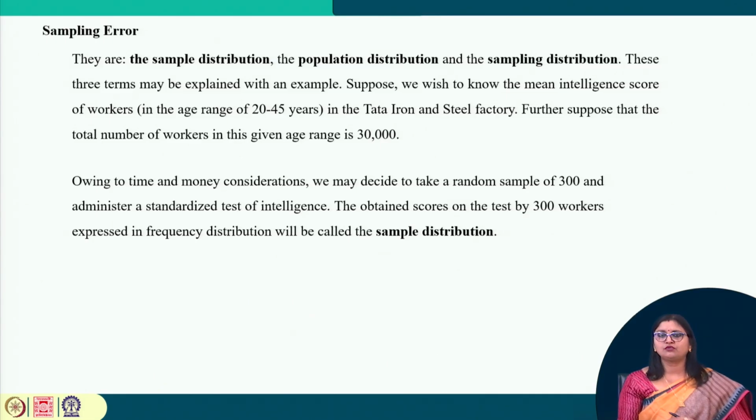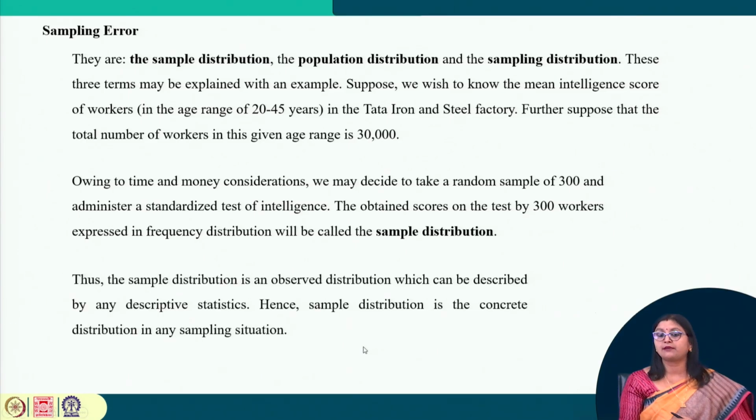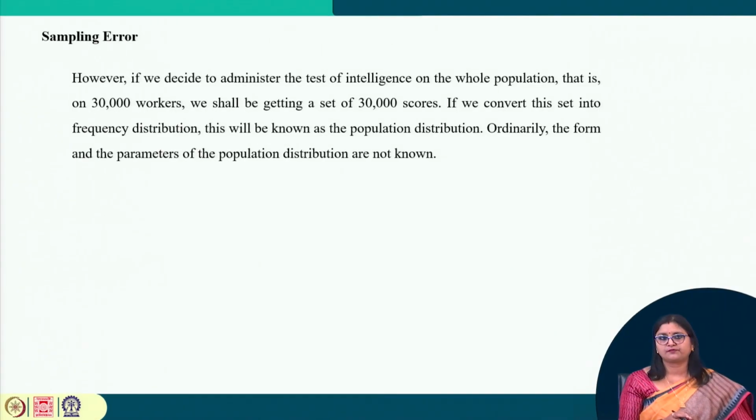The obtained scores of the 300 workers expressed in a frequency distribution will be called the sample distribution. Thus, the sample distribution is an observed distribution which can be described by any descriptive statistics. Hence, the sample distribution is the concrete distribution in any sampling situation.